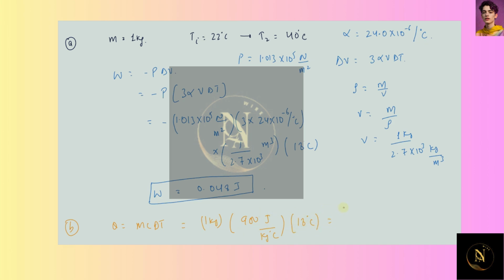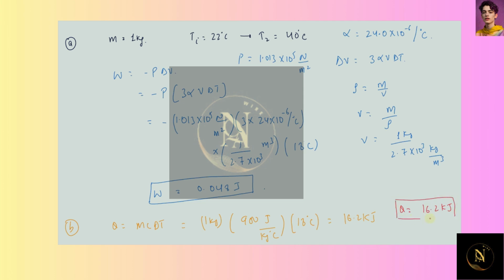After multiplication of these terms, we'll get the result as 16.2 kilojoule. So finally we can conclude that the energy added to it by heat is equal to 16.2 kilojoule.